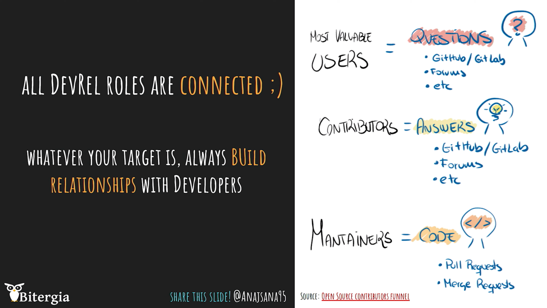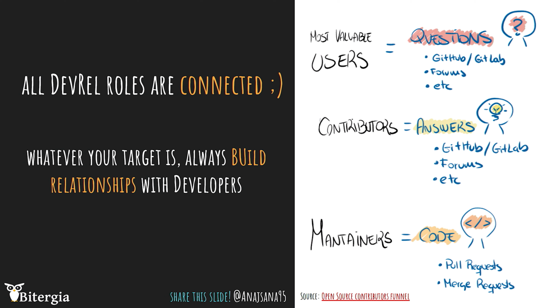So you can see your developers as users, who will mainly be asking questions. You can see your developers as contributors, who normally have answers. Or you can even see your developers as maintainers, who actually create code. This is more typical in open source communities, for instance.